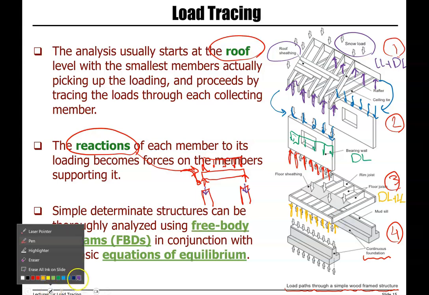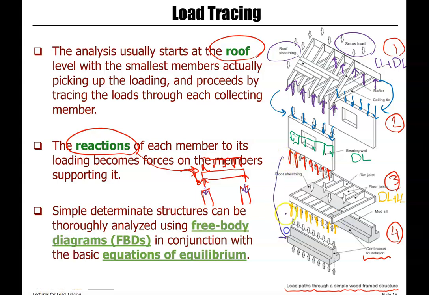Then we add all of them together, this and this. It goes on top of all of the loads that we have, the total transferred to the continuous foundation. The path that we followed is the load path, and the analysis that we do is called load tracing.